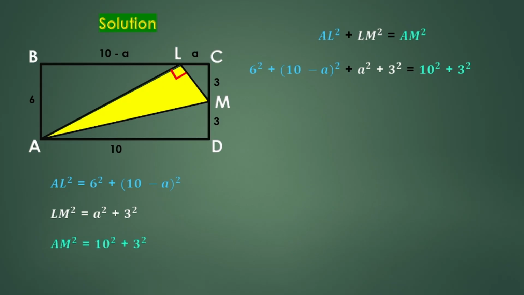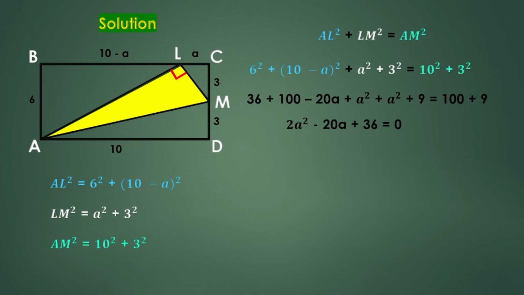Instead of LM squared, I will substitute A squared plus 3 squared, and instead of AM squared, I will substitute 10 squared plus 3 squared. Then I will calculate it all, apply the reduced multiplication formula. We get 2A squared minus 20A plus 36 equals 0.